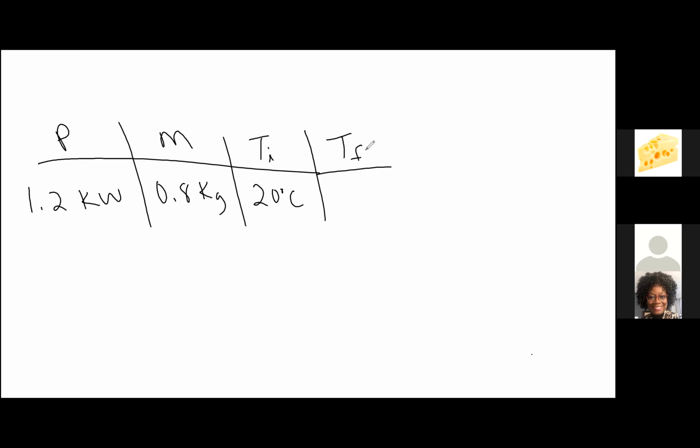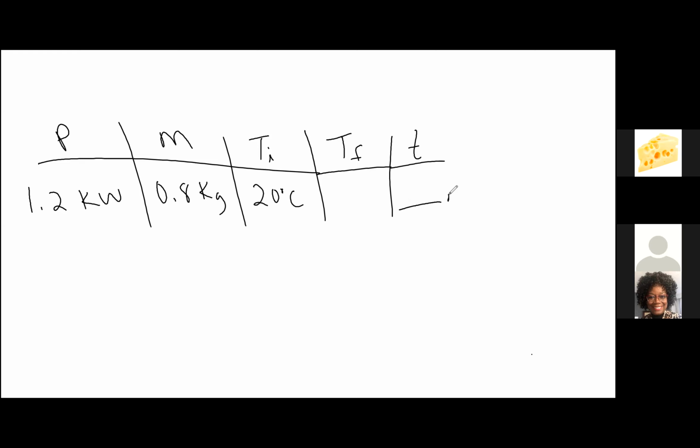Now, let's use what we just learned. It says how long, so we're looking for time. In fact, it says how many minutes will it take?